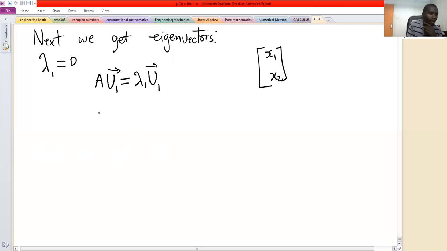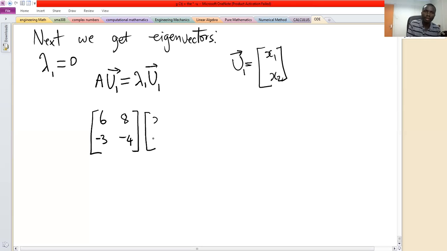So we'll have our A matrix, 6, 8, minus 3, minus 4. Now we let u1 be the vector x1, x2, equals lambda 1, which is 0, times x1, x2.